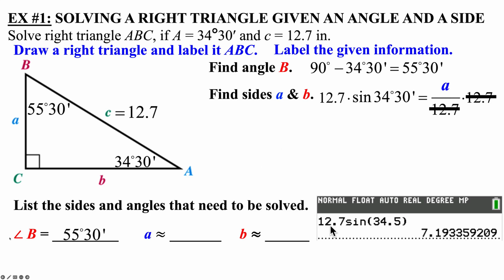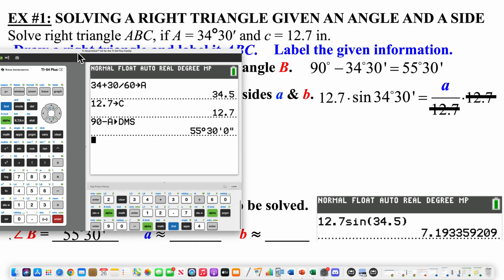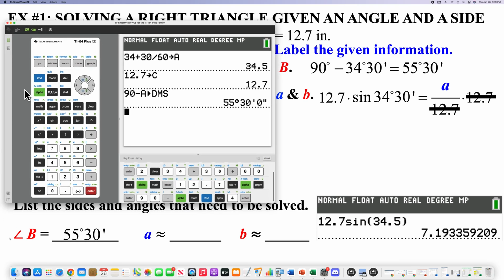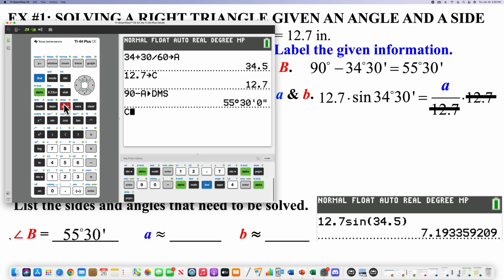But again, typing in those values, you may accidentally make a typo error. You can just go alpha C, sine. You don't even have to put in the multiplication symbol.